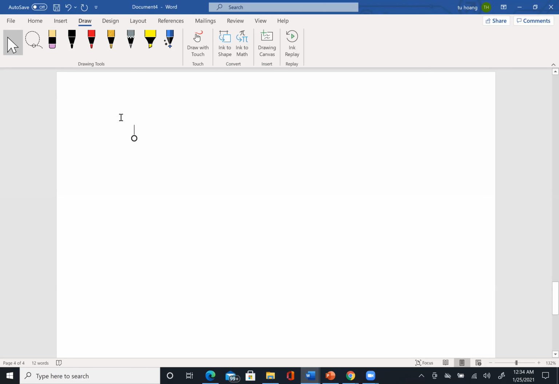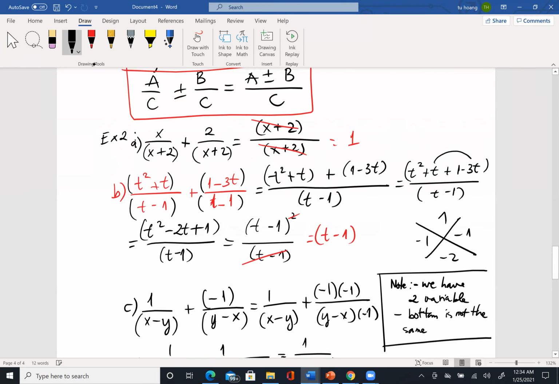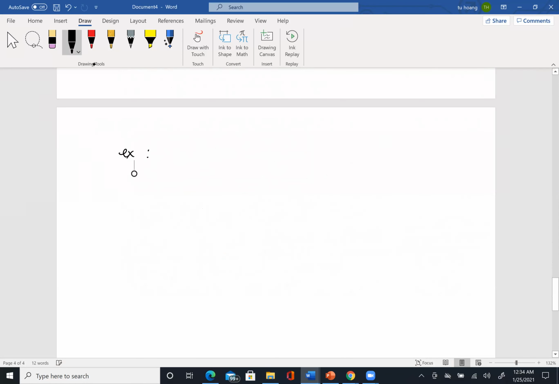So let's do example number 3, sorry. Okay. Let's do subtraction. So let's do an example. I have a plus 1 over a minus 1 over a.